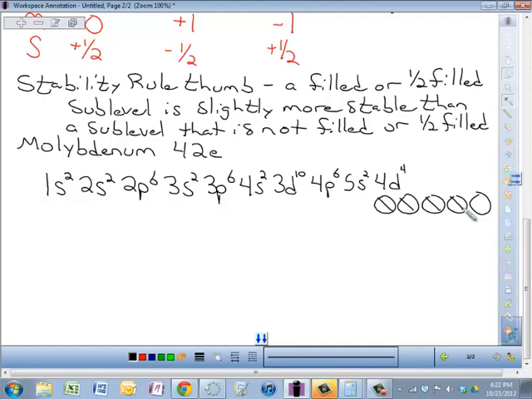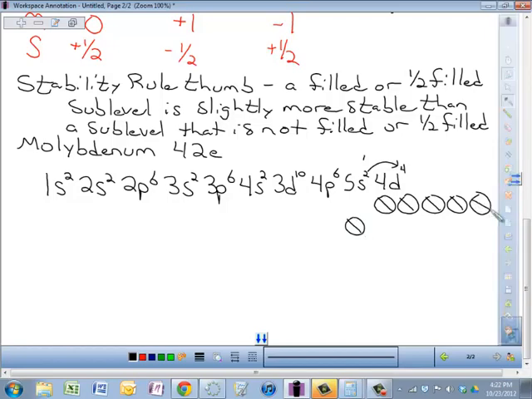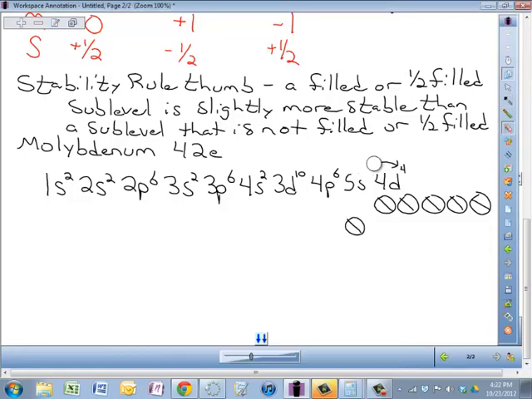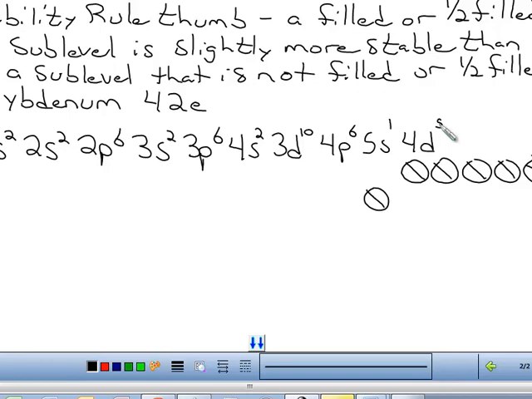By this stability rule of thumb, we will take one electron from the 5s and move it over. Because this 5s looks like that, when I take one electron from the s, it becomes half filled. I move that electron over here, and I have two half-filled sublevels. So this 5s2 became a 5s1.